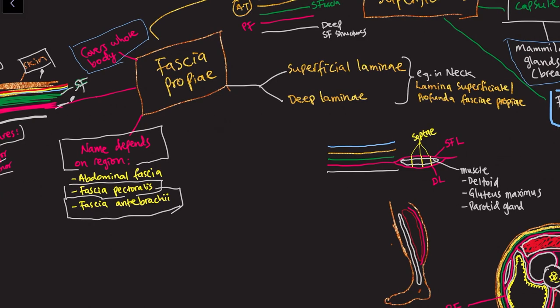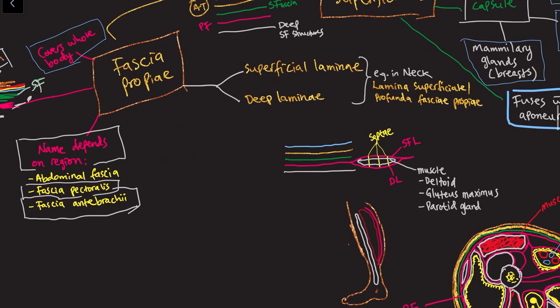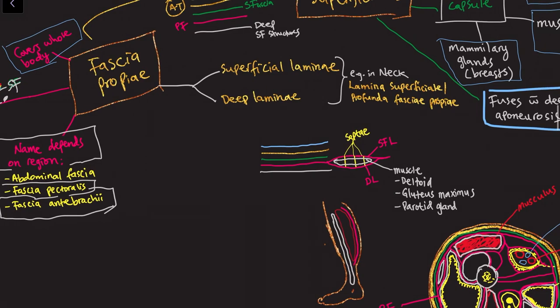Now, in certain places in the body, the fascia proper splits, and when it splits, it gives off, you could say, two daughter fasciae. So it splits into two, and those two portions of the split fascia proper are not fascia, but lamina.